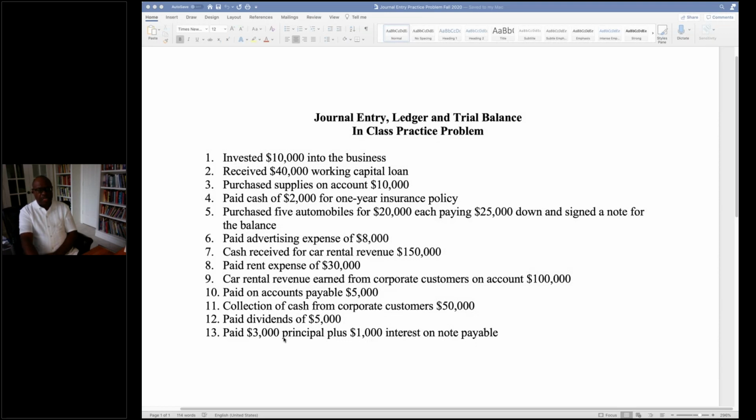So if you got a student loan, you got to pay back what you borrowed plus interest. So they want $4,000 back. People still have had some issues making those journal entries. And so we do need to shore it up. You need to make sure you can make all of the journal entries.